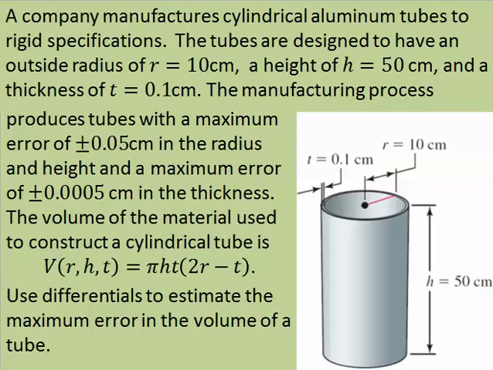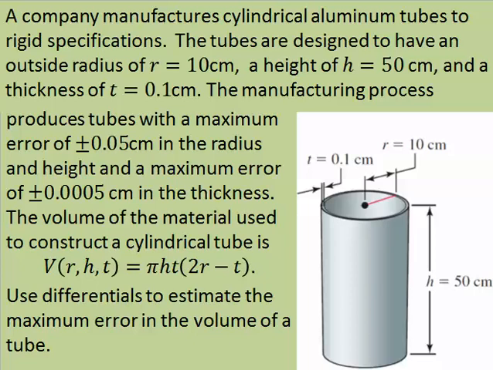A company manufactures cylindrical aluminum tubes to rigid specifications. The tubes are designed to have an outside radius of 10 centimeters, a height of 50 centimeters, and a thickness of 0.1 centimeters.